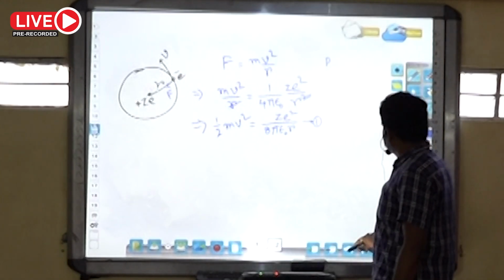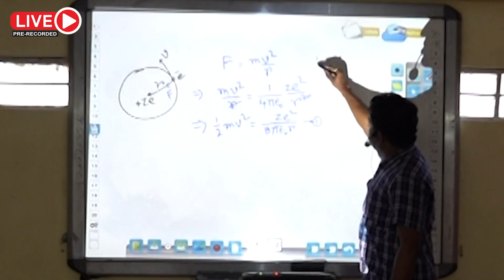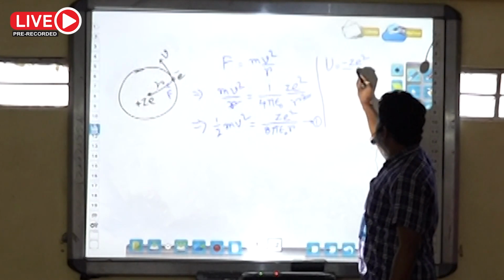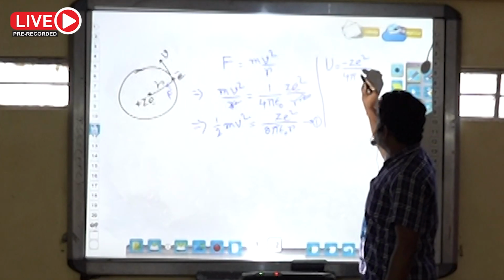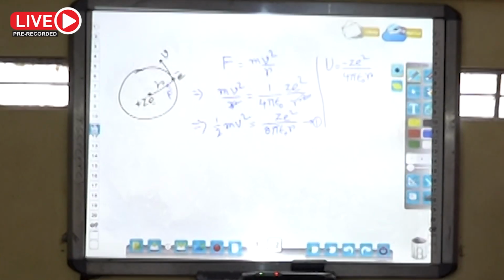We denote it by capital V, that we can write directly, that is minus Ze square by 4 pi epsilon naught r. This is the electrostatic potential energy of the electron, meaning 1 by 4 pi epsilon naught q1 q2 by r. This is the form of electrostatic potential energy. q1 is Ze, q2 is minus e. So it will be minus Ze square by 4 pi epsilon naught r.